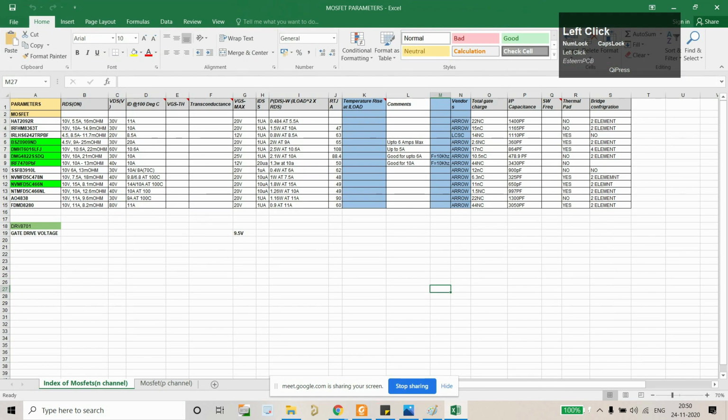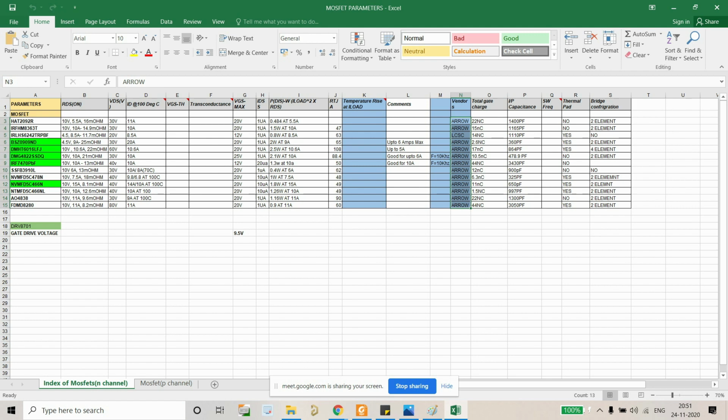So, for MOSFETs, I have multiple options. What I did is note down all the parameters or features of the MOSFETs, right? And here I have noted down all the values, including the availability, like where it is available. If you have multiple options, you can easily compare which MOSFET is suitable for our project.